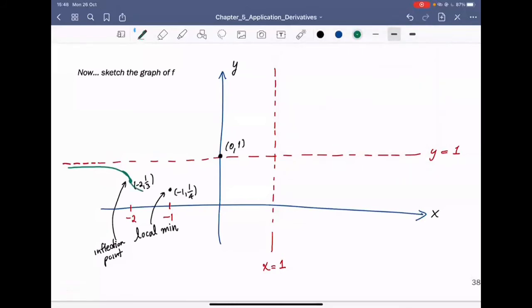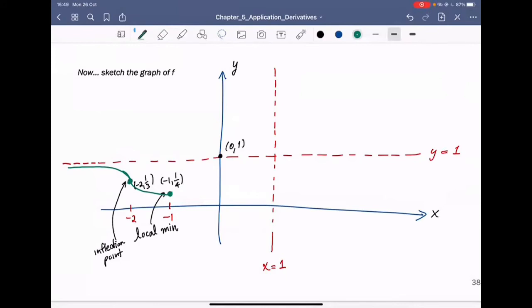Our scale is not that good, but as long as you label, this is fine. I'm going to move this up a little bit so it is out of our way.